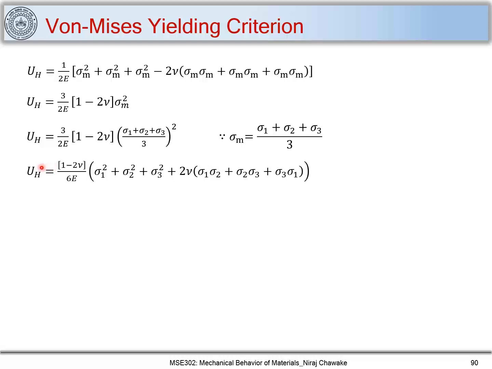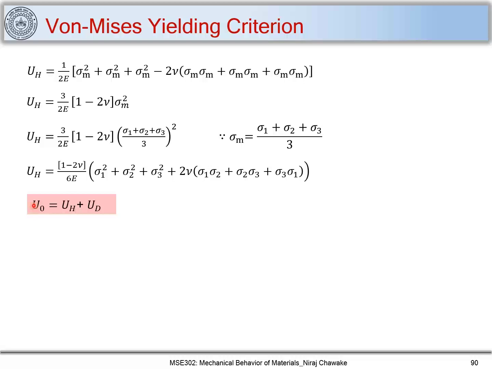And this dilatational strain energy, you get the final value as minus 2 mu upon 6E into sigma 1 square plus sigma 2 square plus sigma 3 square, plus 2 mu into sigma 1 sigma 2 plus sigma 2 sigma 3 plus sigma 3 sigma 1. As I mentioned earlier, we have to find out ud.